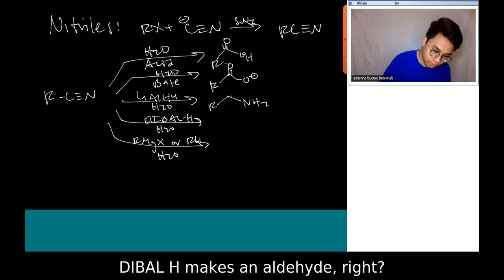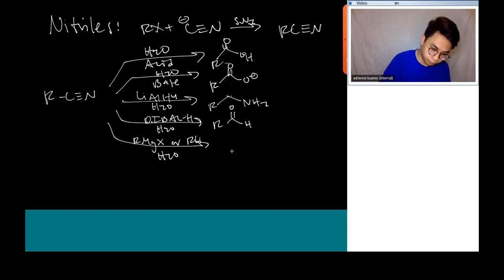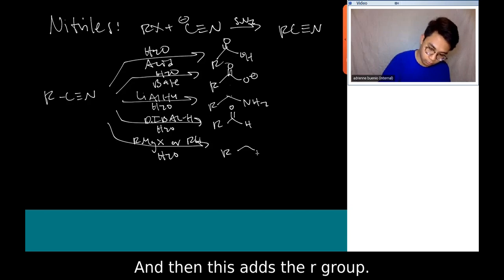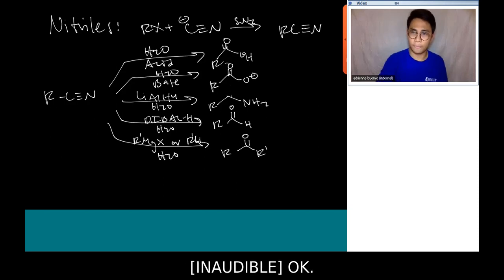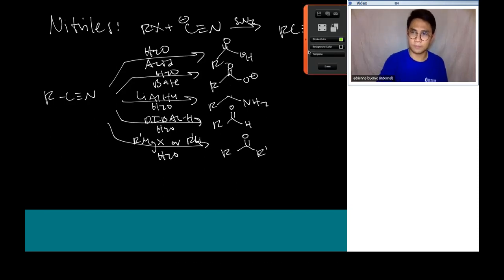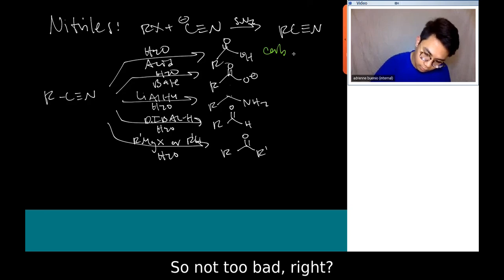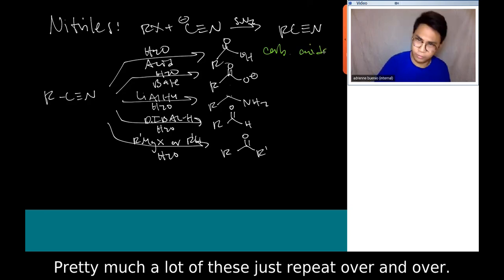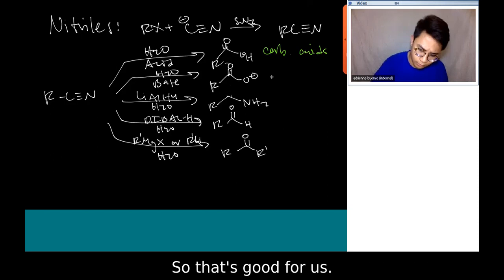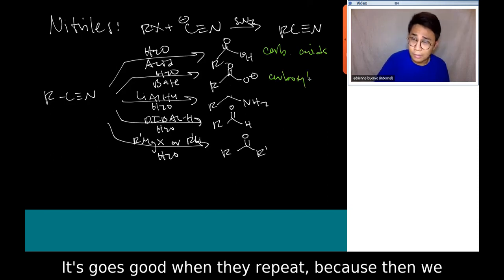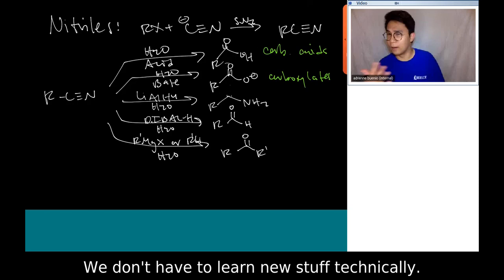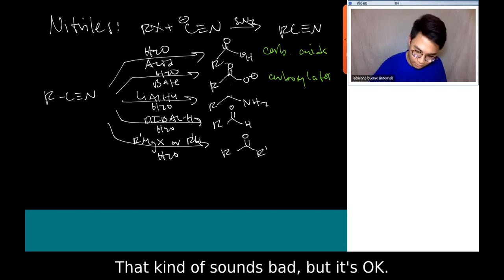DIBAL-H makes an aldehyde, and then this adds the R group, as we know. Okay, so again, let's name these. Not too bad, right? A lot of these just repeat over and over, so that's good for us. It's always good when they repeat, because then we don't have to keep learning new stuff, technically. That kind of sounds bad, but it's okay.